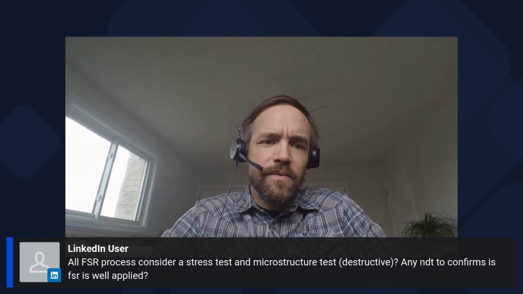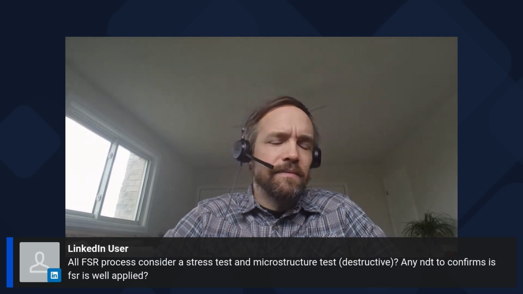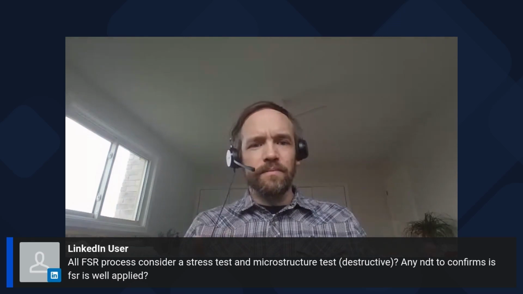Do all FSR processes consider a stress test and microstructure test? Any NDT to confirm FSR is well applied? Yes, so routinely it's a mechanical test of material that's been processed with the set, stress rupture testing specifically, because we are concerned about, in particular, the high temperature strength of the material.